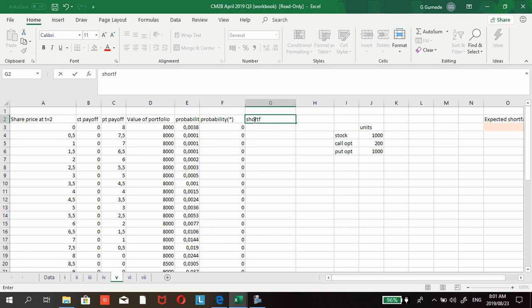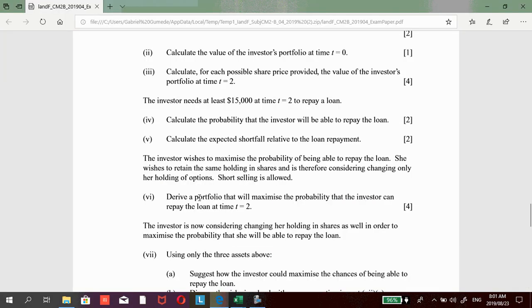Now, if you remember from your notes, the expected shortfall was given by the sum of, L being your benchmark. So L being the loan repayment. So they're saying the expected shortfall relative to the loan repayment. So your L will be 15.